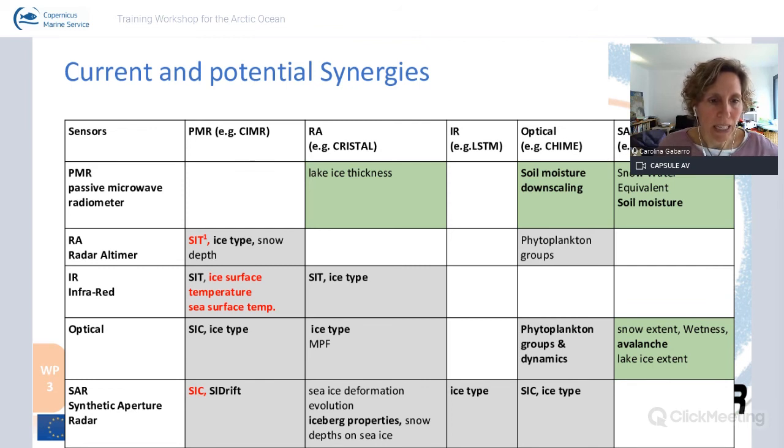We can also determine ice type and snow depth. The red colors mean that it is already currently being served. You can see that we identified many combinations of sensors to improve our product which are not being served in Copernicus. So this was a clear recommendation to Copernicus.